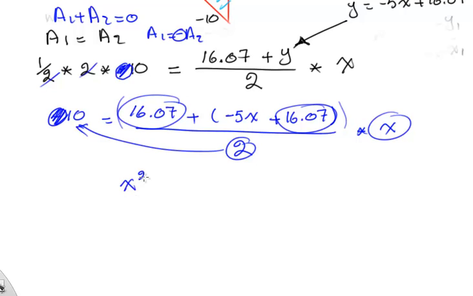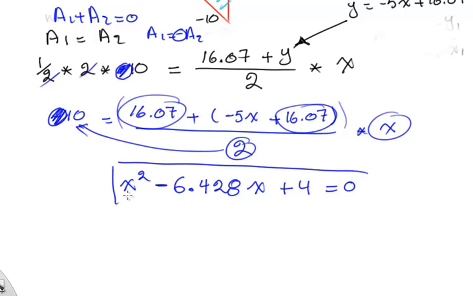After some algebra, I'll get x squared minus 6.428x plus 4 equals 0. So I have an equation. I need to solve for x.